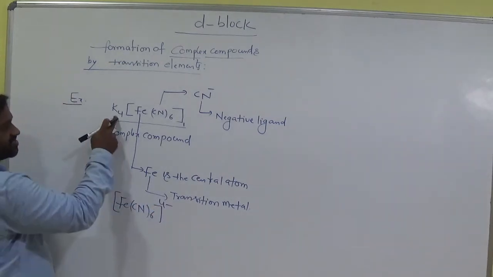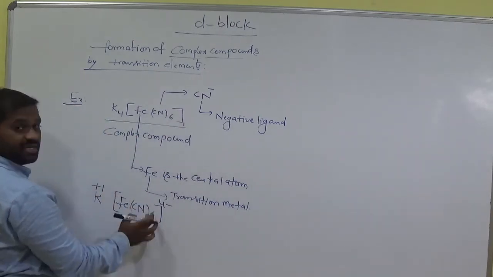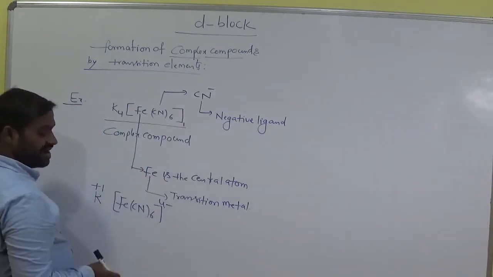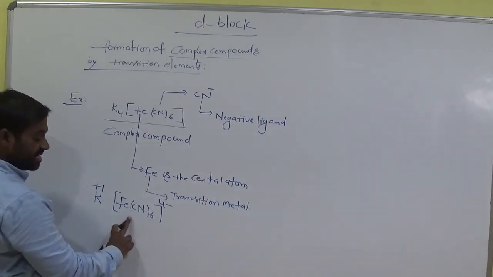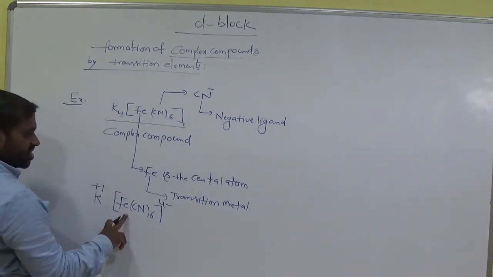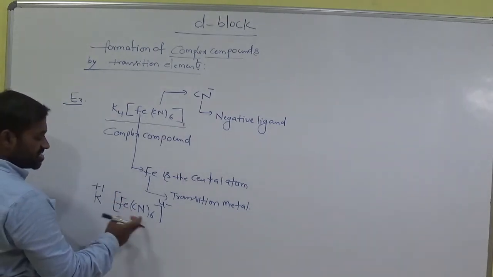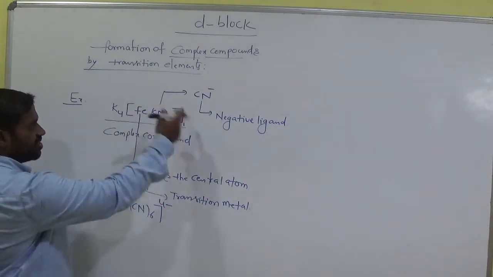The potassium is plus 1 each, and the remaining structure is 4 minus. These are the two parts: this one is the ligand, this one is the central atom, and this is the cation. This is a transition metal, and transition metals are able to form complex compounds. The entire structure is called a complex.